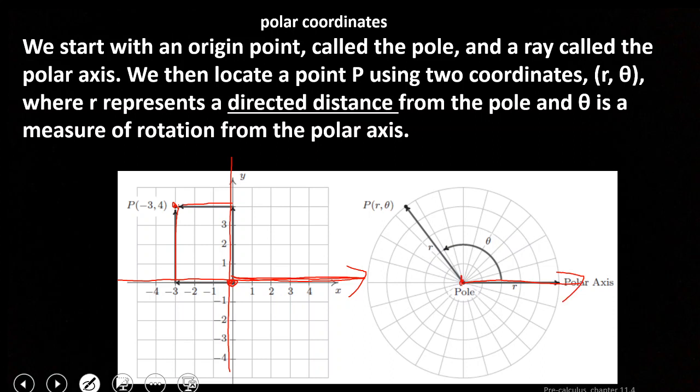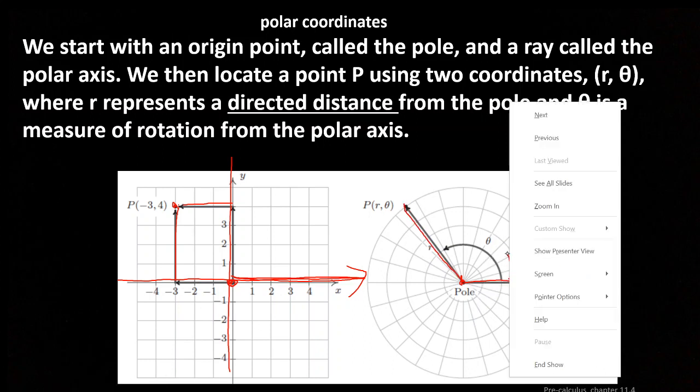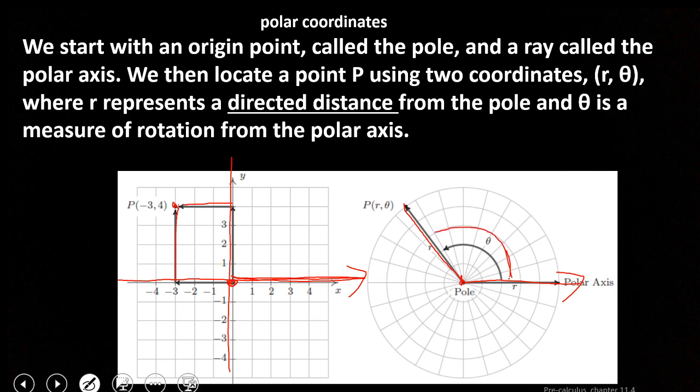With respect to the pole and the polar axis, we're going to see how far the point is from the pole, and then how much rotation we need from the polar axis to get to it. So r is the directed distance from the pole, because it could also be negative, and theta is how much rotation you need from the polar axis to get to that point. It could be positive or negative. If it's positive, we go counterclockwise. If it's negative, we go clockwise.